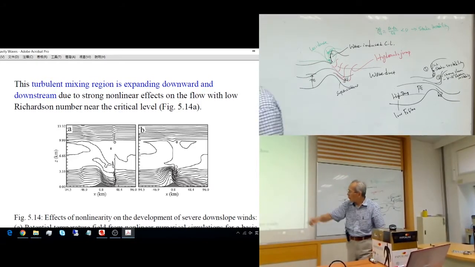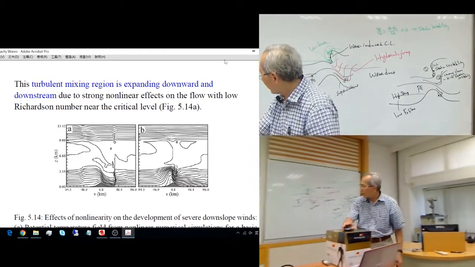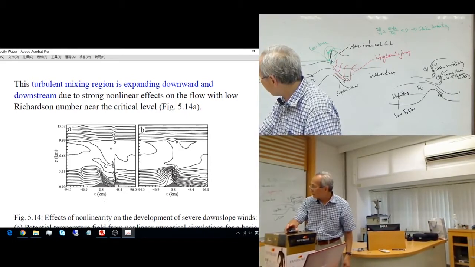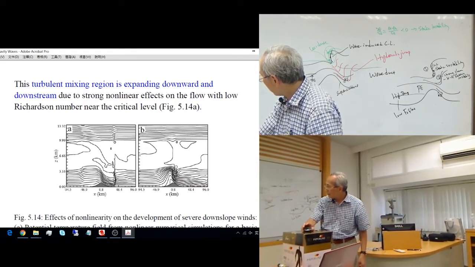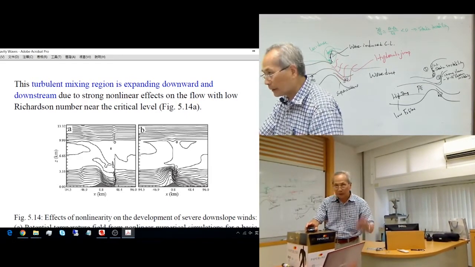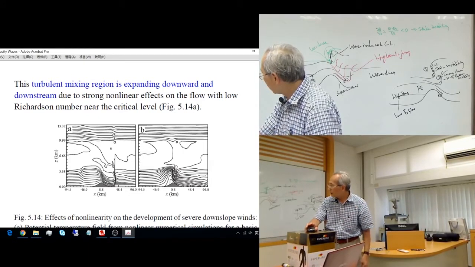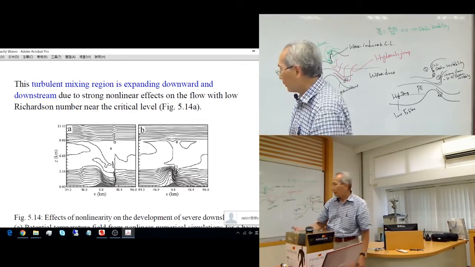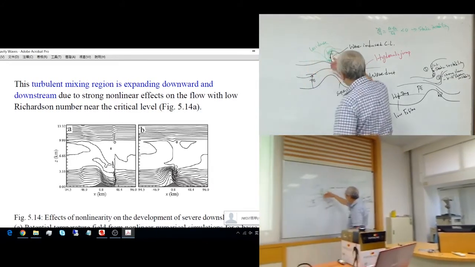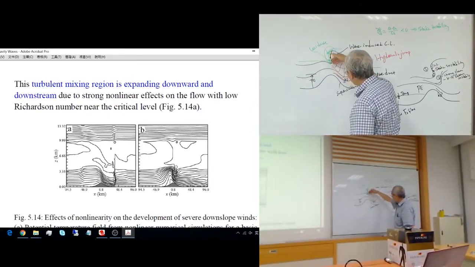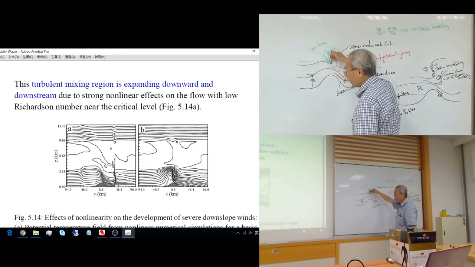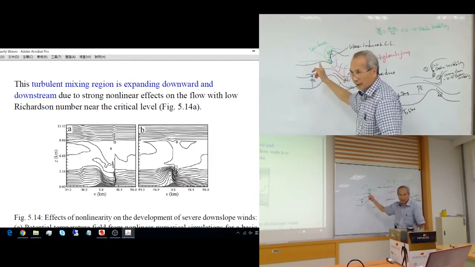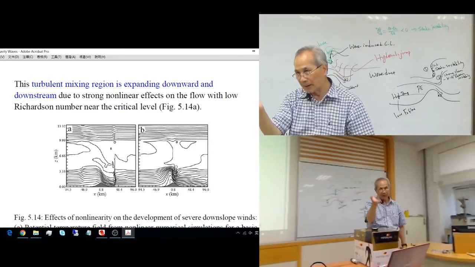With nonlinearity, you can have this hydraulic jump developed, see here. But when you turn it off, in this linear flow there's no hydraulic jump developed. So this initial disturbance, the wave-induced critical level, is very important. It can happen because of the nonlinearity, so it can steepen and then overturn.